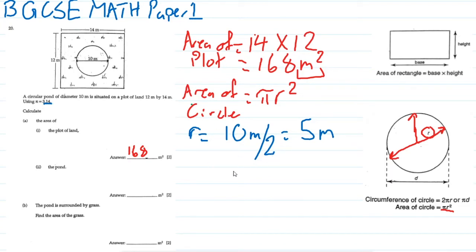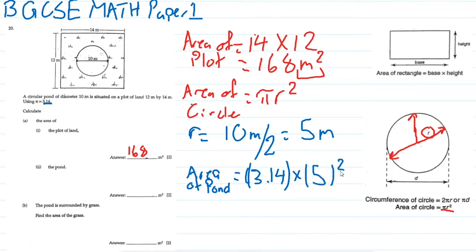So the area of the pond is going to be 3.14, I just put brackets here to say multiplication, multiplied by 5 squared. 5 squared is 25. When you punch this into your calculator, you should get 78.5. And remember, again, it's in meters squared. So we have 78.5 meters squared.